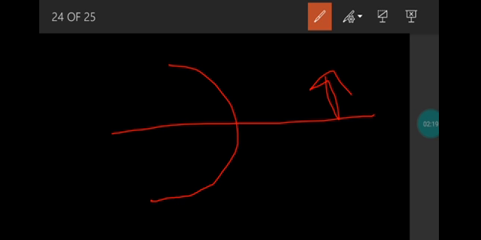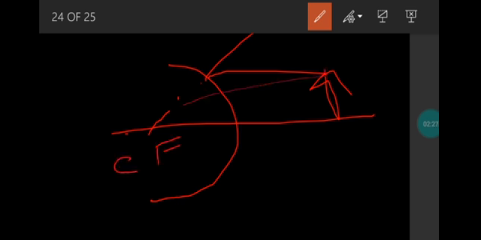When the ray moves parallel, it appears to be passing from the focus point, and this is the center of curvature. Another ray is moving like this. Obviously it bounces back. So this is the ray, right? Both have met here. When two reflected rays are extrapolated, they meet here. So this is where the image is formed.